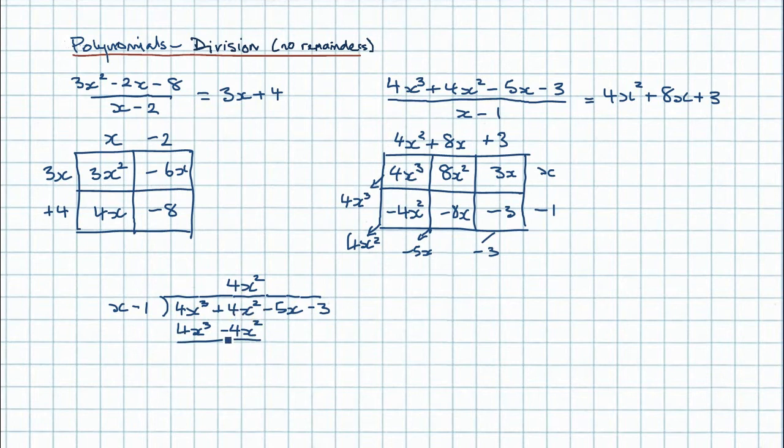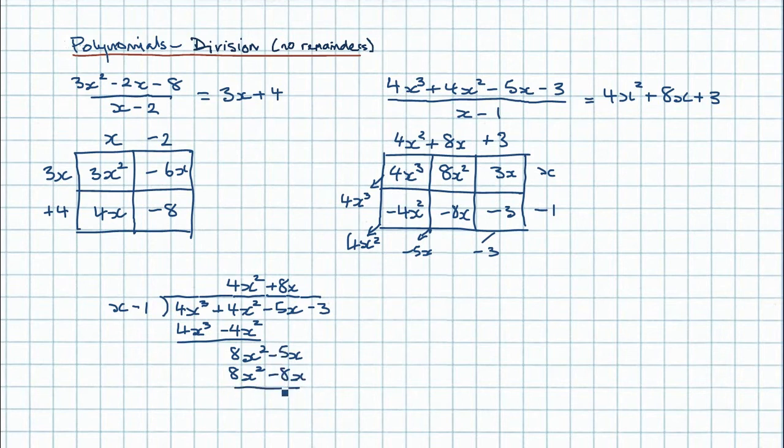So 4x squared minus minus 4x squared gives us 4x squared plus 4x squared, in other words 8x squared. Again, we bring down the next term, just as in the traditional method, and now we have to follow those steps again. So x into 8x squared will give us plus 8x. Multiplying out, we get 8x squared minus 8x.